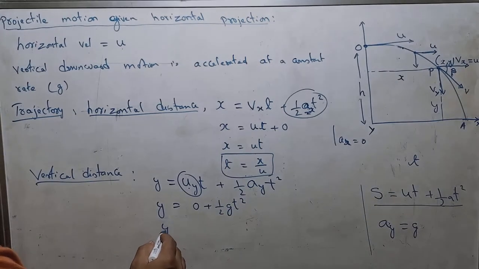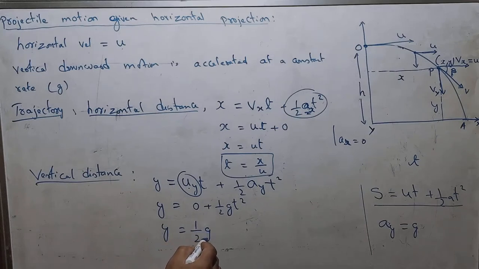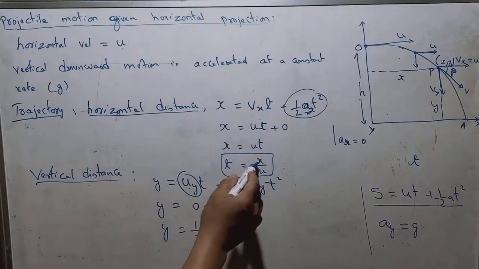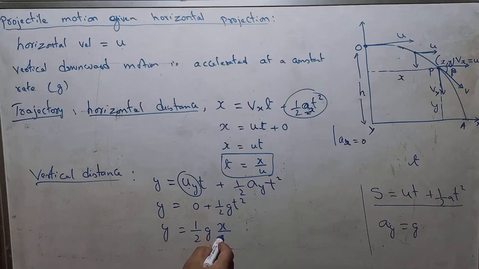Or I can say y is equal to, now this is half g. Now instead of t, I will put x upon u and then square. So when you square, you'll get like this. Now I will rewrite this as y is equal to g upon 2u square and then times x square.